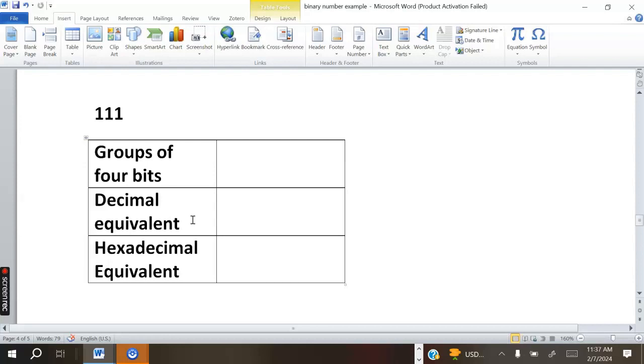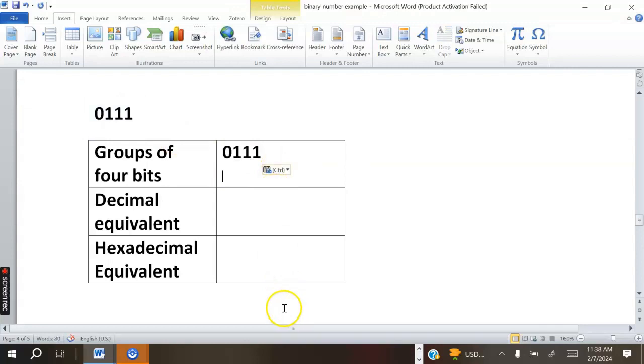Alternatively, if you are dealing with a fraction number, you are supposed to add 0 on the right-hand side. So for the integral, you're supposed to add 0 on the left side. I'm going to add another 0 on the left side since this is an integral part. Then you write your number in groups of 4.